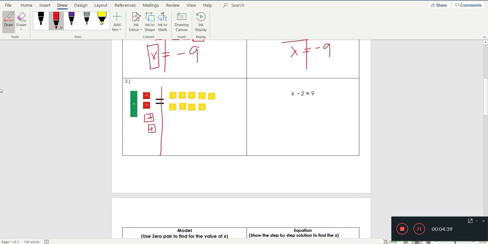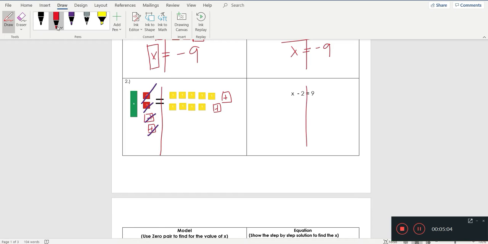Whatever you do on the left side, you also do on the other side. So this is also positive and another positive. So we have to do zero pair. So 1, 2, 1, 2. We don't have anything to zero pair on the right side, so we just add all the numbers.